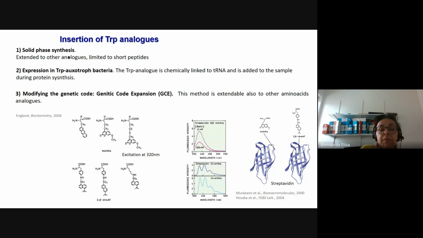We will see that it is also a method to insert other amino acid analogs, not only tryptophan. So method number 2 is only possible for tryptophan, but this one is more general. Practically, we manipulate the genetic code.